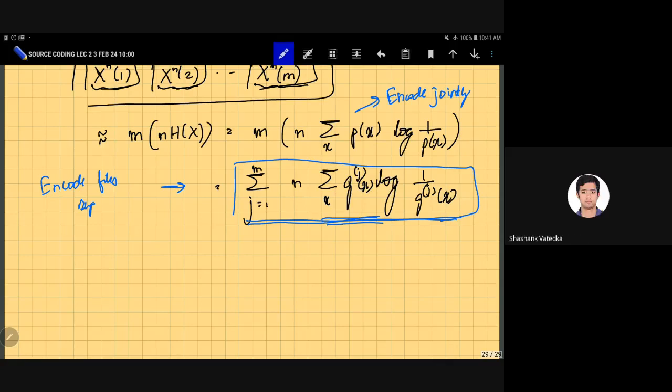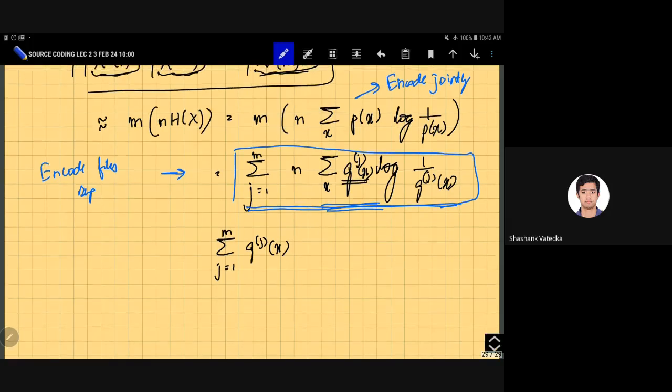But on the other hand, if you looked at all the files put together, the summation over j equal to 1 through m of q_j(x), where q_j(x) is the empirical frequency for the jth file, divided by m is in fact the true distribution, which is p of x.